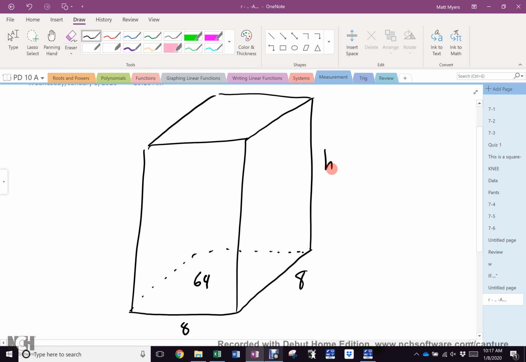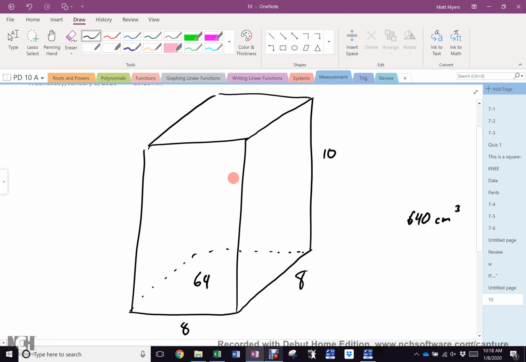What would the volume of this thing be? 64h units cubed. Agreed? Everyone understands that, yes? Okay. So, if I told you that height was 10, what would its volume be? 640, let's say centimeters cubed. Just keep it easy. Everybody cool?